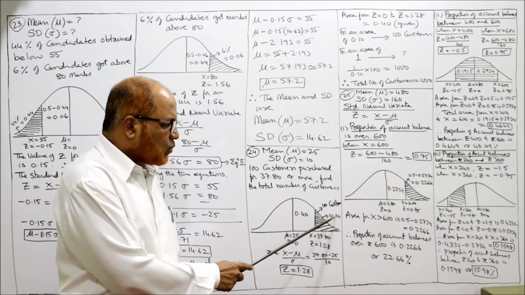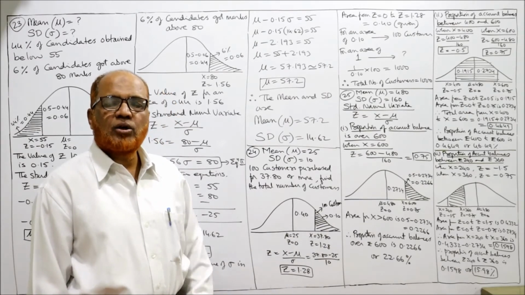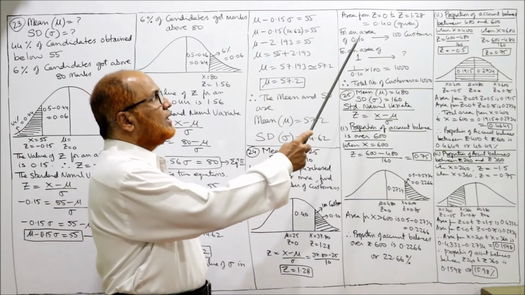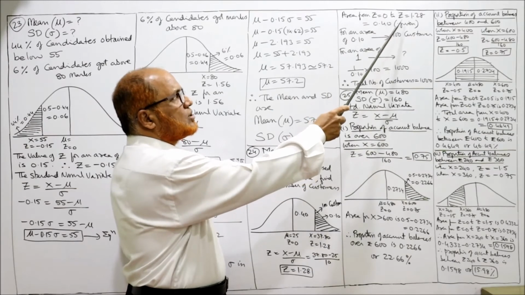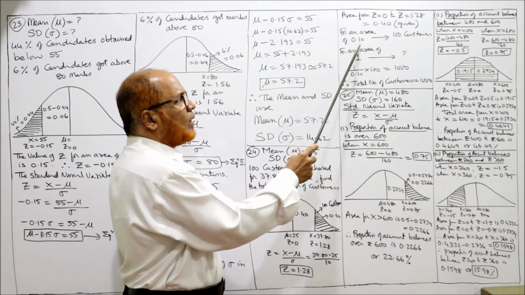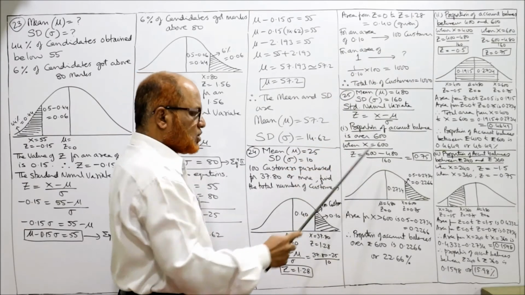So for 0.1 area, how many customers are there? 100. The total area under the normal curve is 1. For an area of 0.1, 100 customers. For an area of 1, how much?